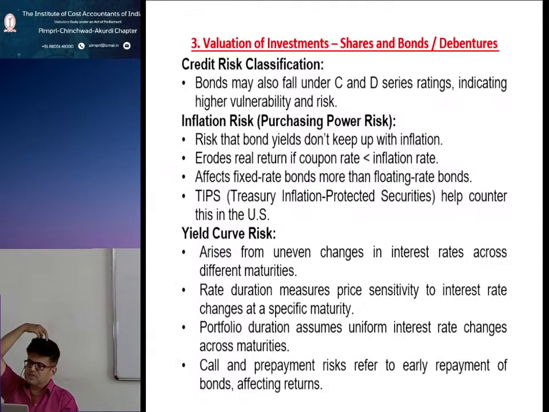And TIPS, which are Treasury Inflation Protected Securities, help counter this in the US. So in the US, to counter the inflation risk, Treasury Inflation Protected Securities are issued, and this helps to counter the inflation risk that possibly impacts the bonds.